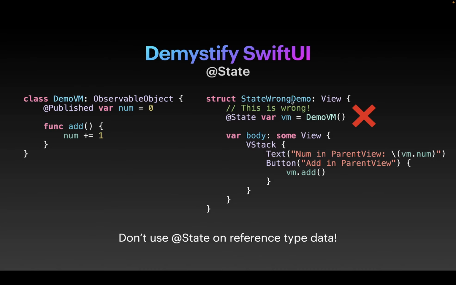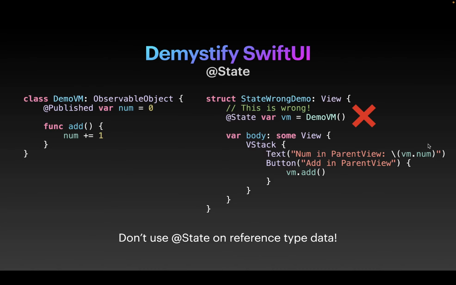And on the right side, I have another view. In this case, I write @State var viewModel and assign the DemoViewModel, which is this one, to this @State variable, and this is wrong. Maybe I want to click the button to increment the number, and I want to display the number right here.